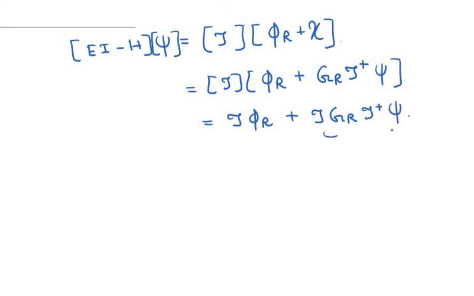Now if I take this term towards the left, I basically get EI, I is an identity matrix of n cross n size. I don't remember if I have told it, but this is an identity matrix of n cross n size, minus H, H is the Hamiltonian for the isolated contact.